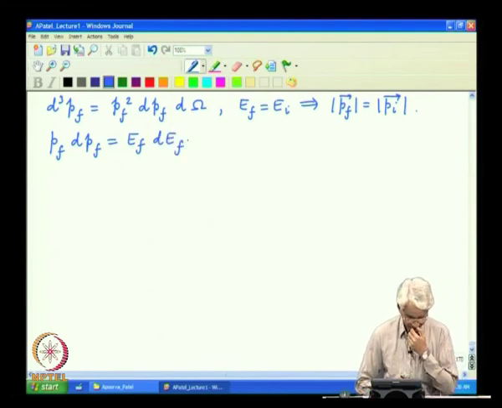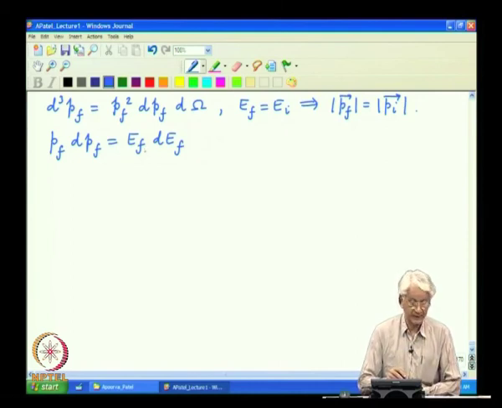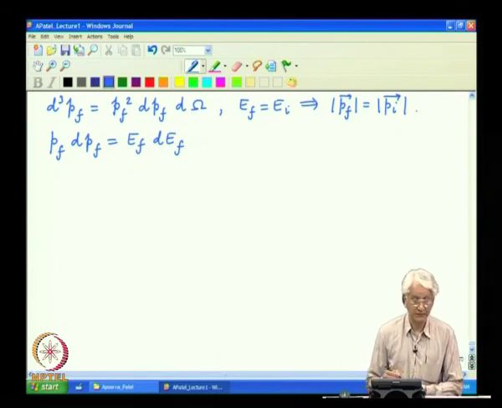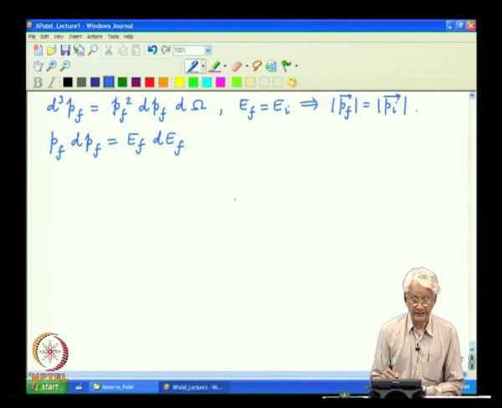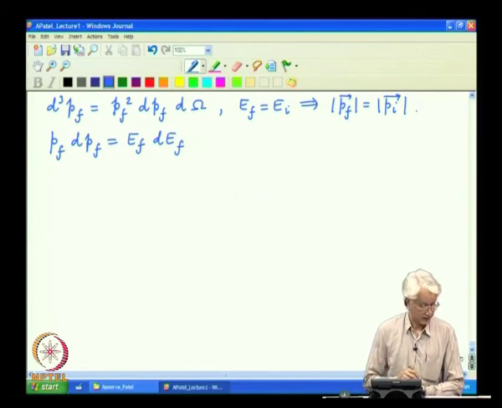So, one can rewrite the d cube p in terms of d E d omega and get rid of the delta function by integrating over the energy direction. One just assumes that E f will always be equal to E I in all the detections which actually occur in practice. It is just an energy conservation constraint in this stationary target process.